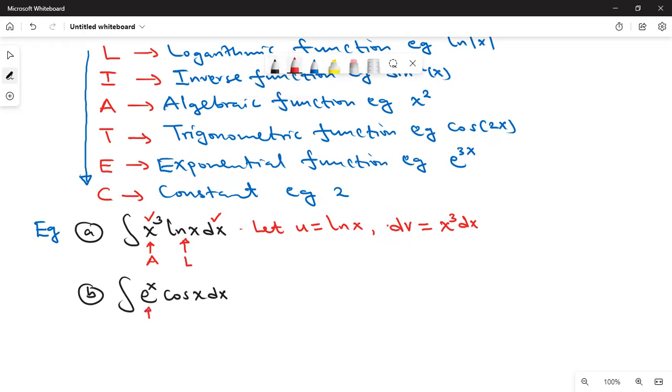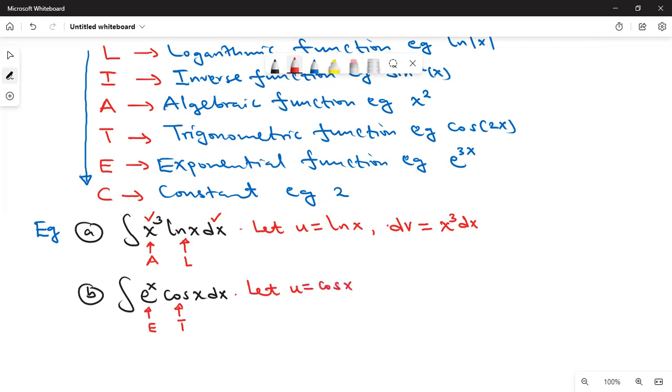This one is exponential, and this one is trigonometric. So again, look at our LIATE rule. Between E and T, which one do you encounter first? I can see T appears before E. So we are going to say let u be that trigonometric function because it's the one that we encounter first. So you say let u be equal to cosine of x.